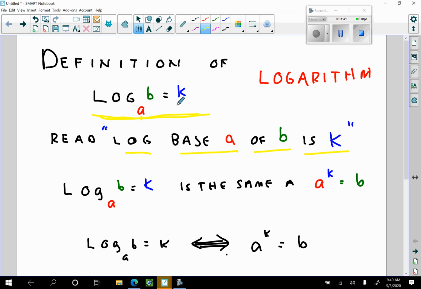What does that mean? Well, if I can get my pen working. This is what it means. Log base A of B is K is the same as A raised to the K power is B. So a logarithm is a way to write an exponential equation.